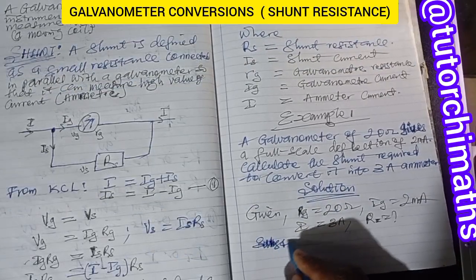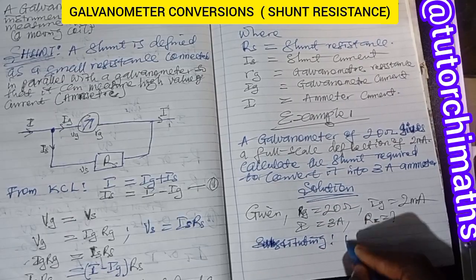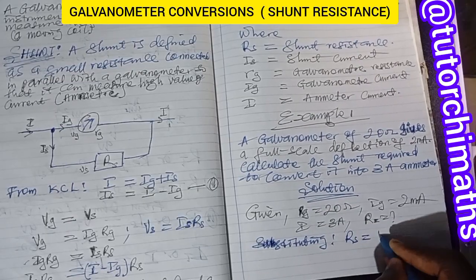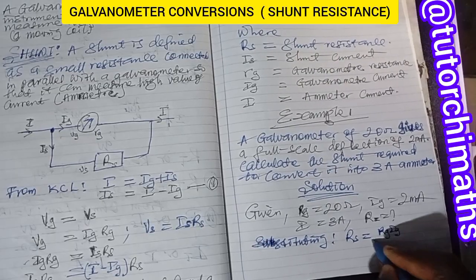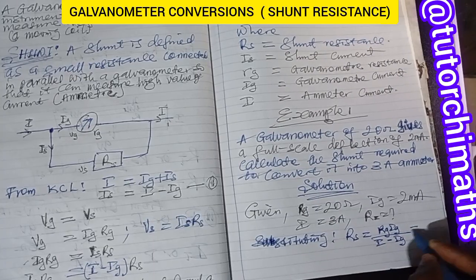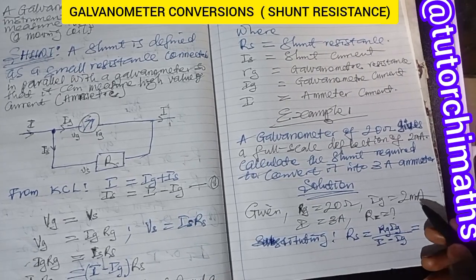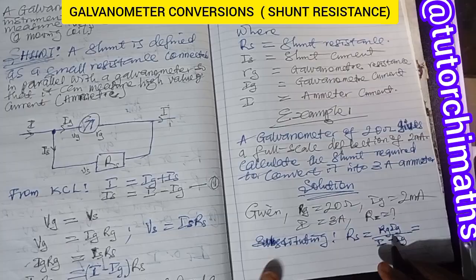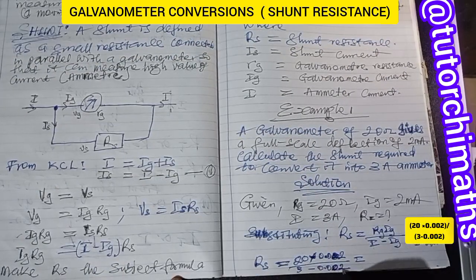So substituting, RS is equal to ROG IG all divided by I minus IG. So let's substitute the values. 2 milliamp is same as 2 divided by 1000, remember? So we have 20 times 0.002 divided by 3 minus 0.002.